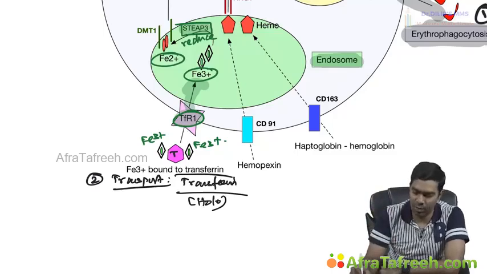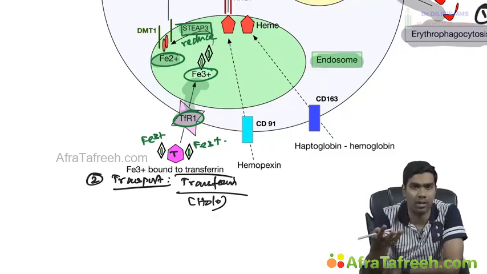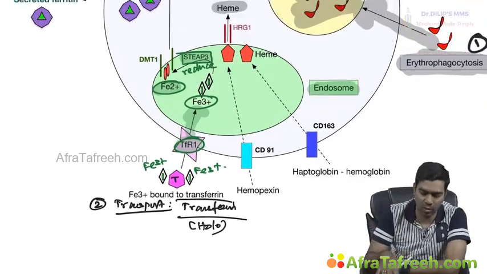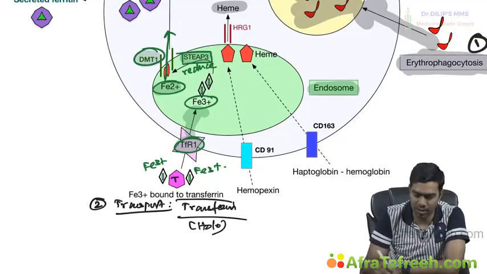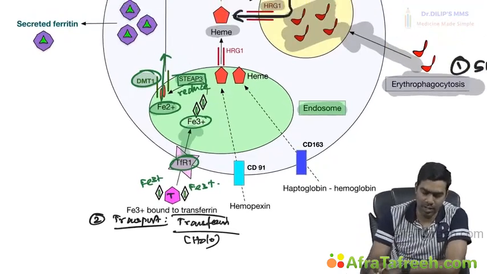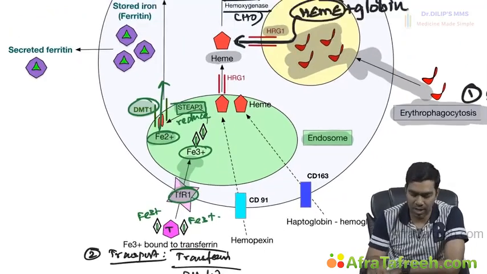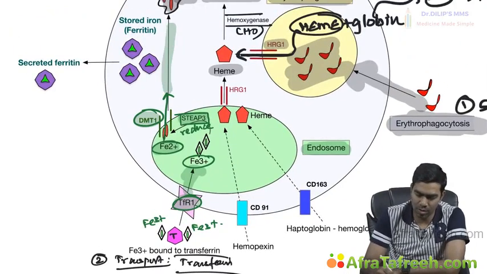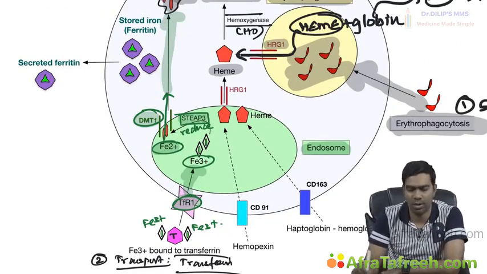Once this Fe2+ is formed, it is moved out of the endosome and into the intracellular compartment of the cell by the same DMT1 which you have seen, the divalent metal transporter number 1. So this is the principle that is happening. Once this Fe2+ is pushed out, it enters the common iron pool inside.